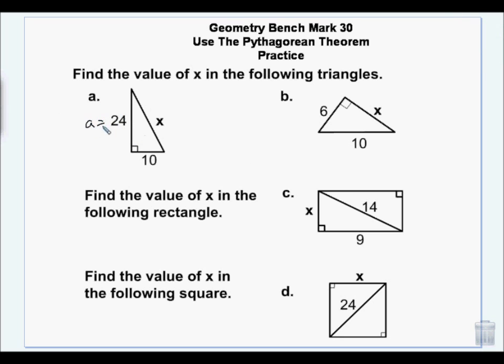So A, B, C. So I have 24 squared plus 10 squared is equal to c squared. So 576 plus 100 is equal to c squared.